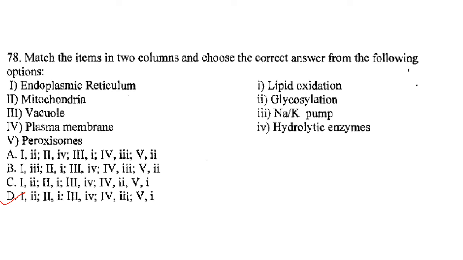Mitochondria is lipid oxidation, 2, 1. And vacuole is hydrolytic enzymes, 3, 4. And plasma membrane is Na K pump, that is 4, 3. And peroxisome is lipid oxidation, 5, 1. So the answer here is option D.